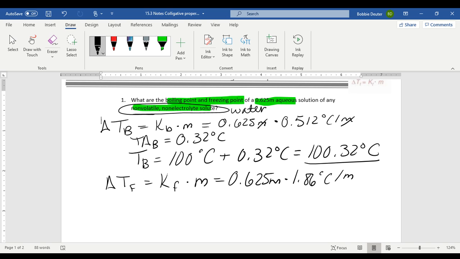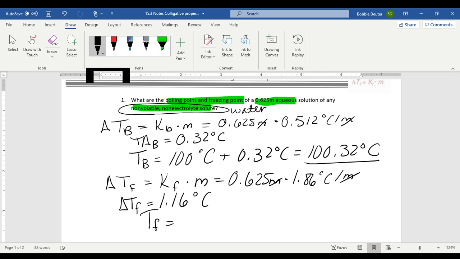And so then our delta T_f is going to be equal to 1.16 degrees Celsius. Again, these cancel out. We have now the constant for the depression point, and since we are depressing it, we are dropping the temperature. Oh, I apologize, I wrote an E there. I need an F. We need to find the freezing point.